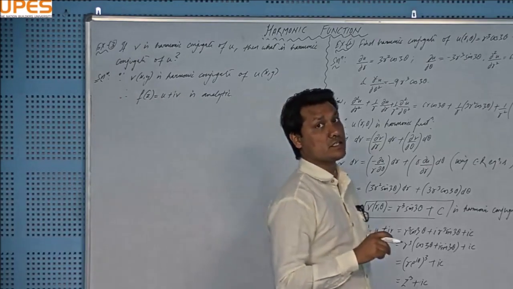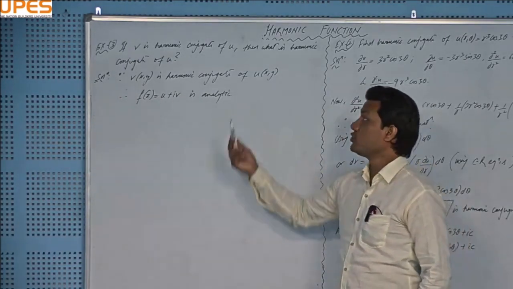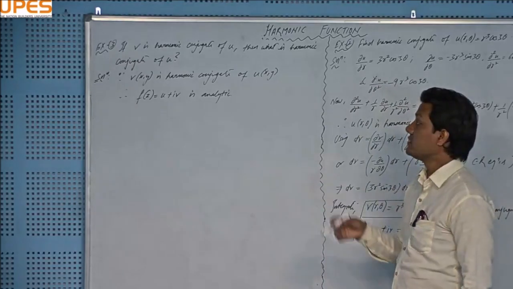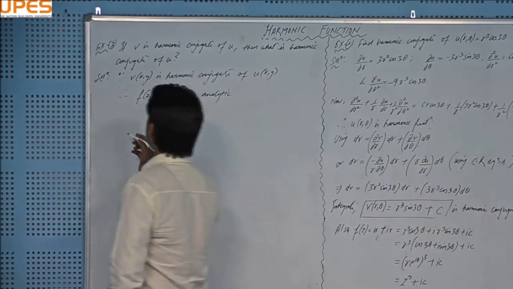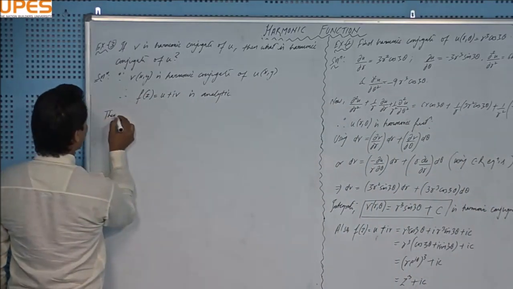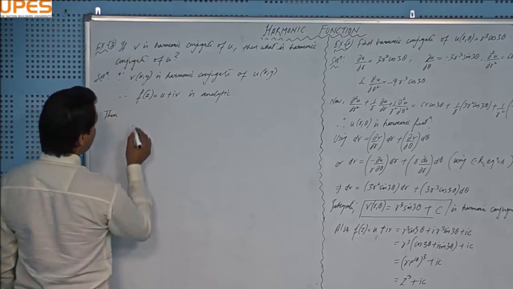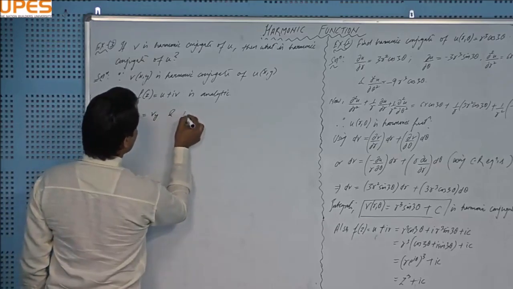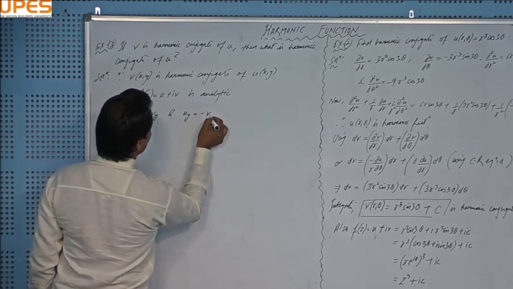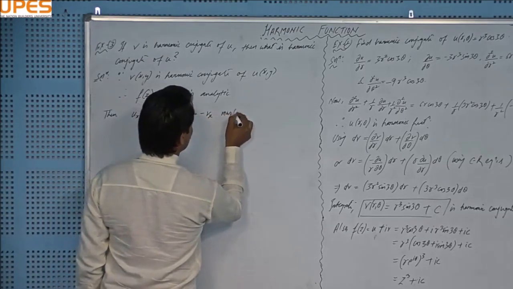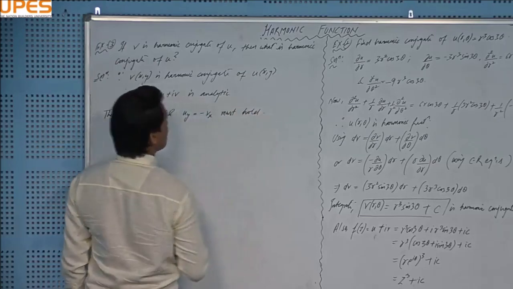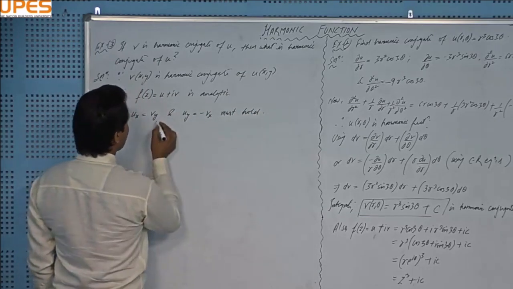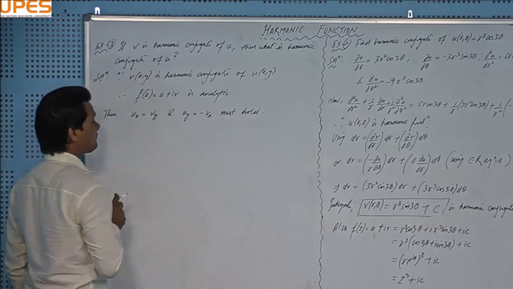First thing is that, and second thing is that f(z) equal to u plus iota v should be an analytic function, right? And if this is an analytic function, then it must satisfy the CR equations, right? Del u over del x is equal to del v over del y, and del u over del y is equal to negative of del v over del x must hold by CR equations, right? Okay, I will call them equation number 1 and 2, fine.